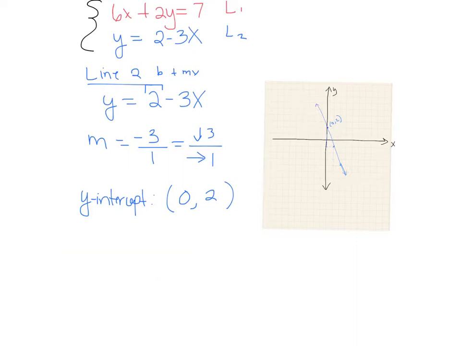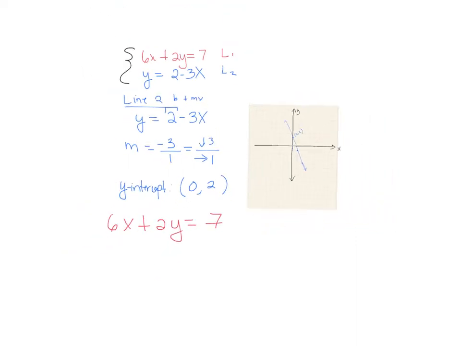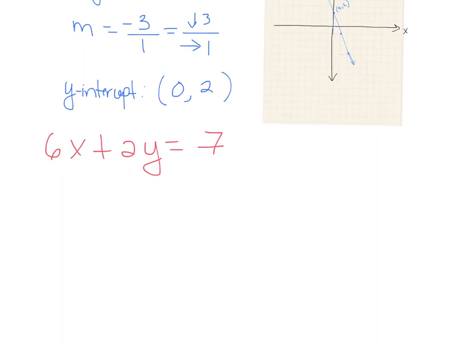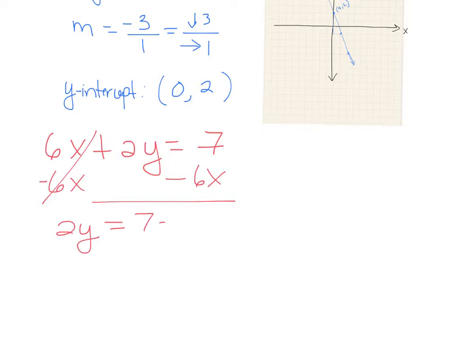Again, I'm just going to use the slope-intercept form. If you want to use a different method, that's fine. So let's solve for y. I'm going to bring my 6x over, and then I have 2y equals 7 minus 6x. This part is an intermediate step. If you want to skip it, that's up to you, but I encourage you to write it, just to prevent any errors.